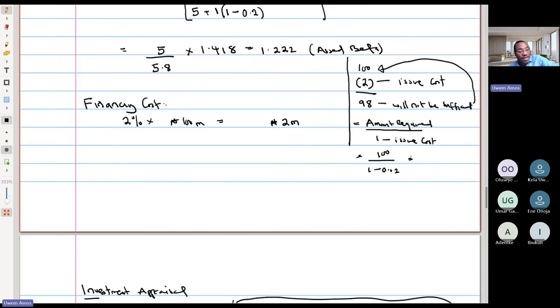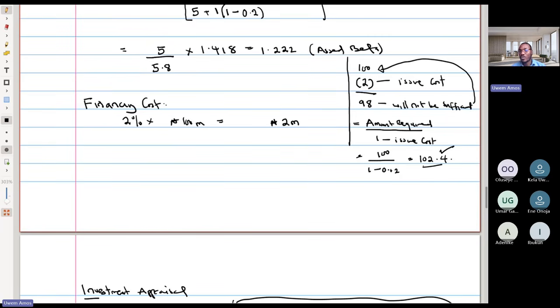So that is 100 divided by 0.98. What's that value? So that would be 100 divided by 0.98. So that would be 102.4. This is the amount you will borrow.